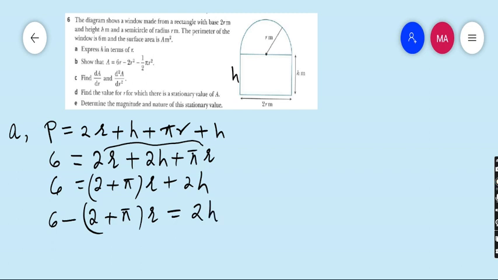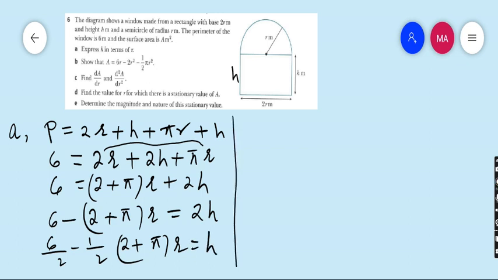This 2 is multiplied over here, so it should divide on the other side. So 6 upon 2 minus 1 upon 2 into (2 plus pi) into r is equal to h, and 2 3s are 6, h is equal to 3 minus 1 upon 2, and 2 plus pi can also be written as r into (pi plus 2).